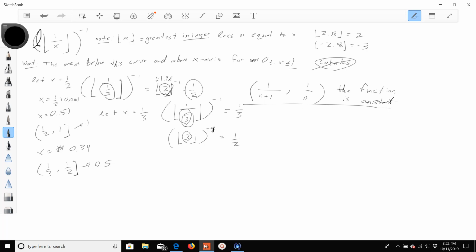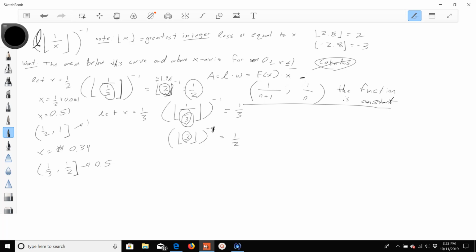So now the area of the rectangle is the length times the width, and the length is really f of x. In other words, how tall the rectangle is, your y value, and the width is really just your x value. In other words, how far you had to go from the nth subinterval to the nth plus 1 subinterval.